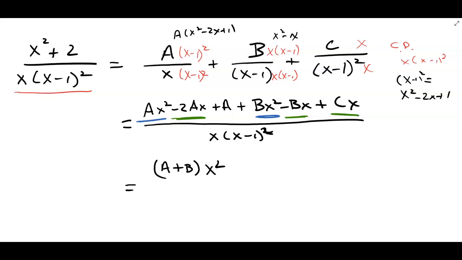So that's going to give me (negative 2a minus b plus c) for my x. And then my constants, I just have an a.